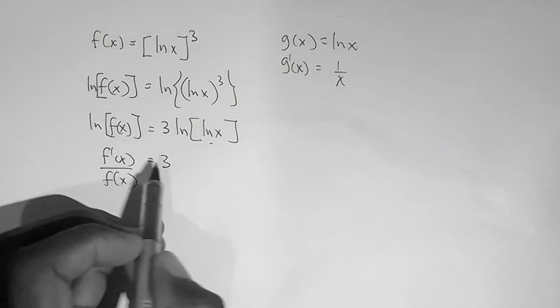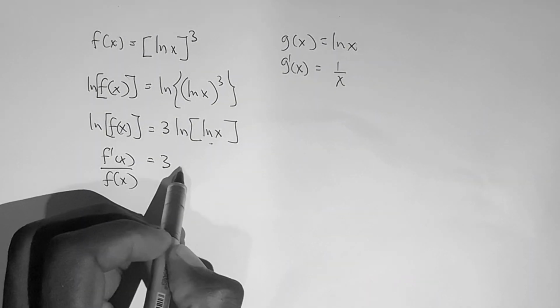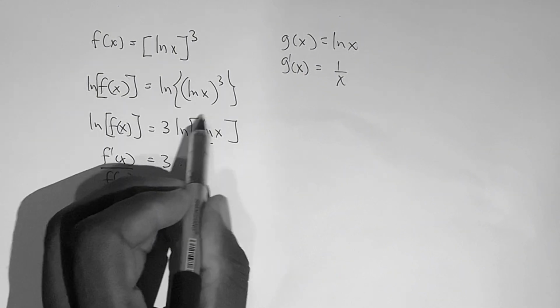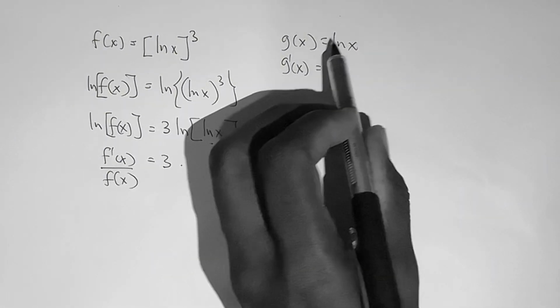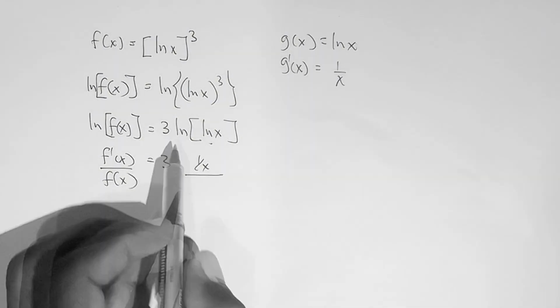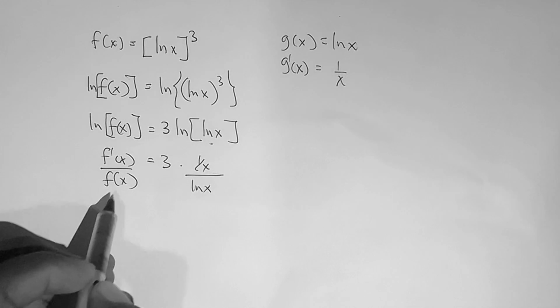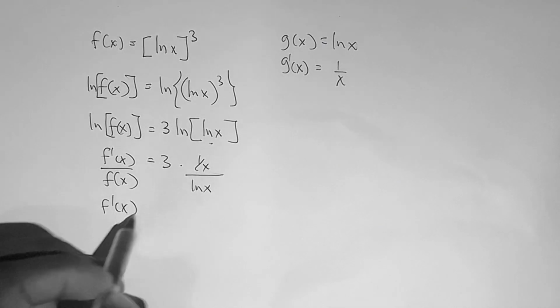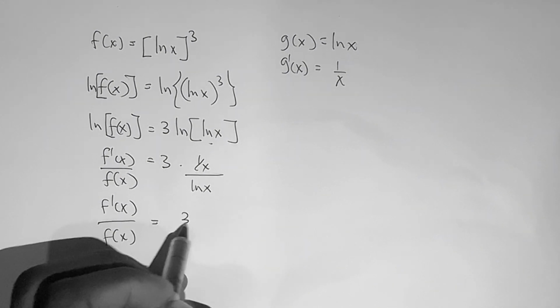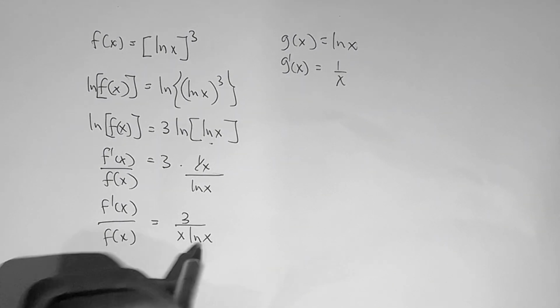Now, so this becomes 3 times, if you differentiate ln of a function, you differentiate what is inside, and if you differentiate ln x, you will get 1 over x divided by ln x. So f prime of x divided by f of x is equal to 3 over x ln x.